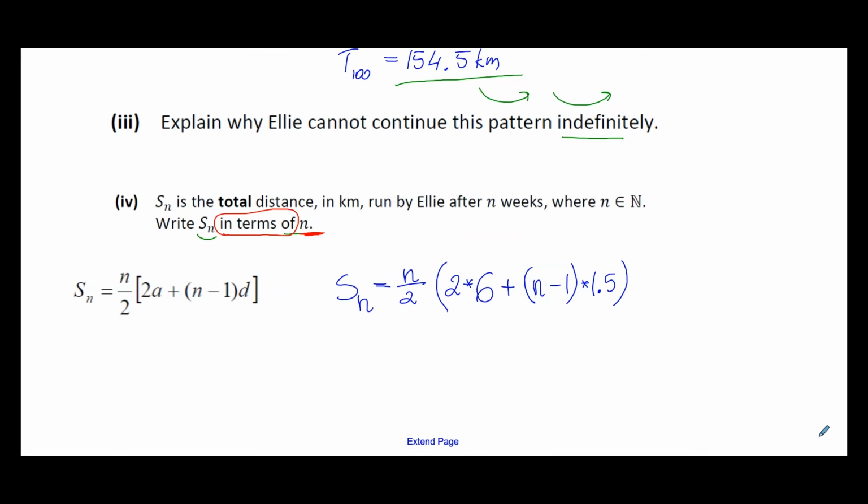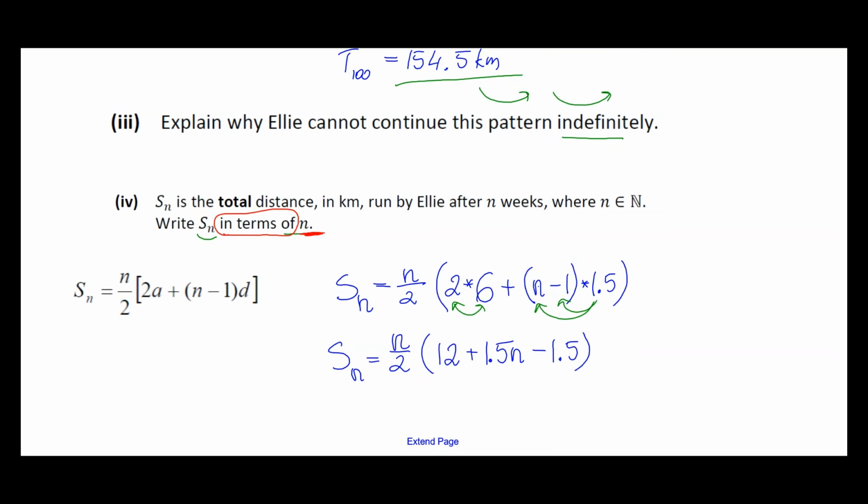And here now we are saying, well, what can we do here? Well, we can multiply 2 by 6, and then we can multiply the bracket, 1.5 by minus 1 and 1.5 by n. So let's write it down. n over 2, 2 multiplied by 6, that is 12, plus 1.5 multiplied by n is just 1.5 multiplied by n, and 1.5 by minus 1 will be minus 1.5.